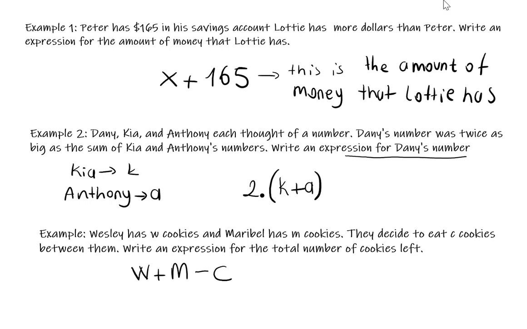If there are two numbers you don't know, that's not a problem. You can use two different variables, one for each unknown, like in the second example, one for Kia, one for Anthony, one for Weasley, one for Maribel. These are called multivariable expressions.